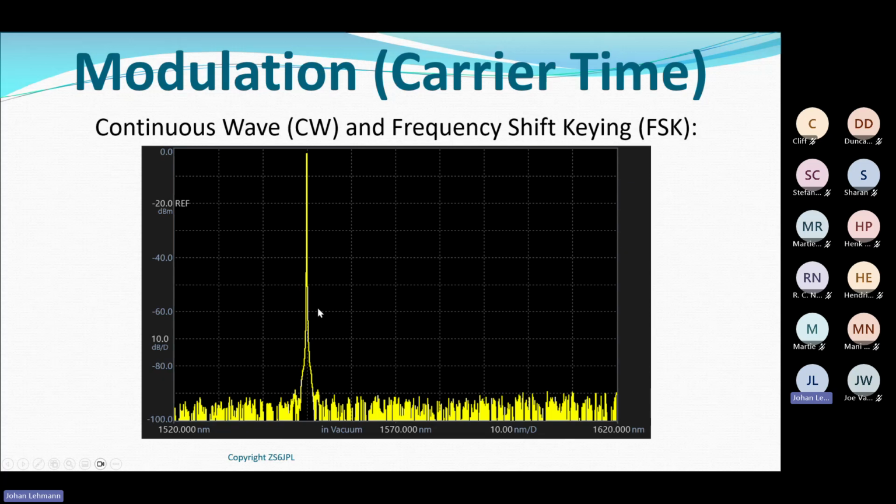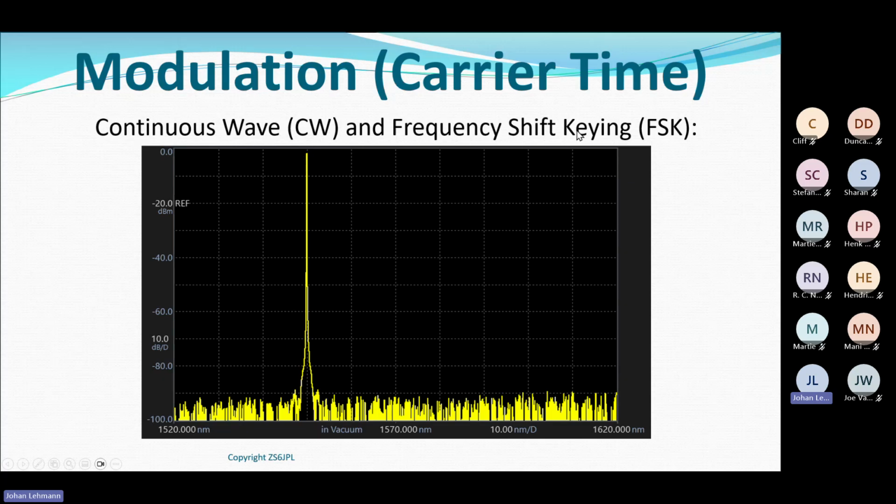So this is my carrier frequency in the frequency domain, and you can see it's a nice straight single line going up. So all the energy, all the joules, all the watts that I'm radiating is captured in this small frequency band that I'm transmitting at. I'm not wasting any power. All my power lies here. That's why continuous wave and frequency shift keying is very, very efficient.